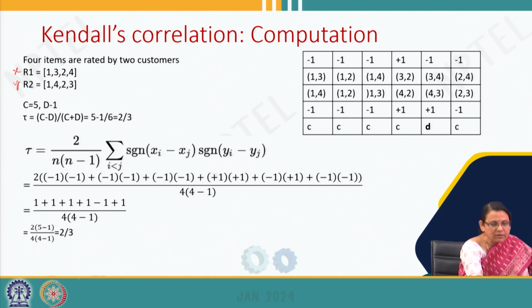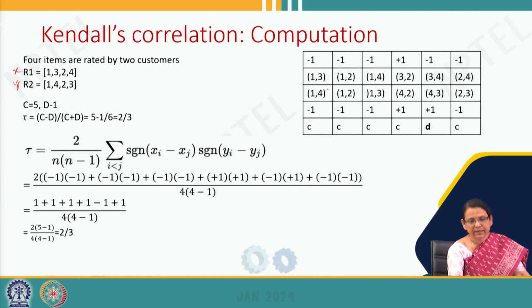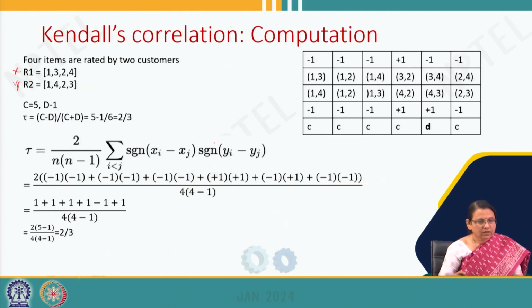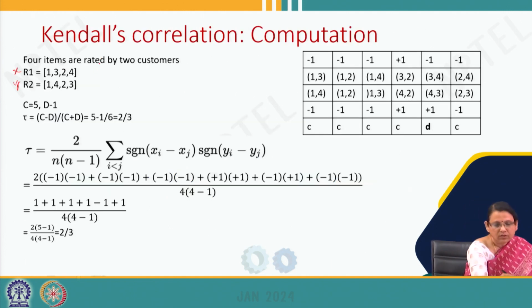There are 4 elements: x1, x2, x3, x4, and the condition is i should be less than j. x1 is 1, x2 is 3, x3 is 2, and x4 is 4.